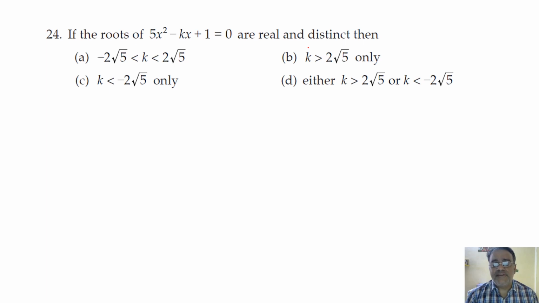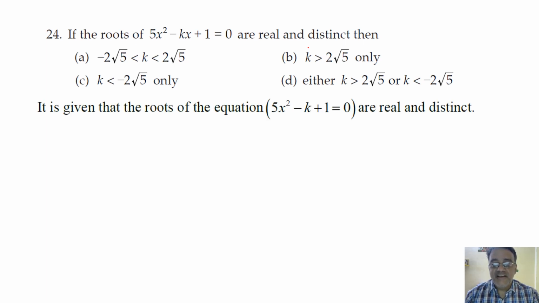If the roots of 5x square minus kx plus 1 is equals to 0 are real and distinct. Distinct means unequal. Then which option is correct? That we have to find. So what is the condition for real and distinct? D is greater than 0, right? That is b square minus 4ac is greater than 0.